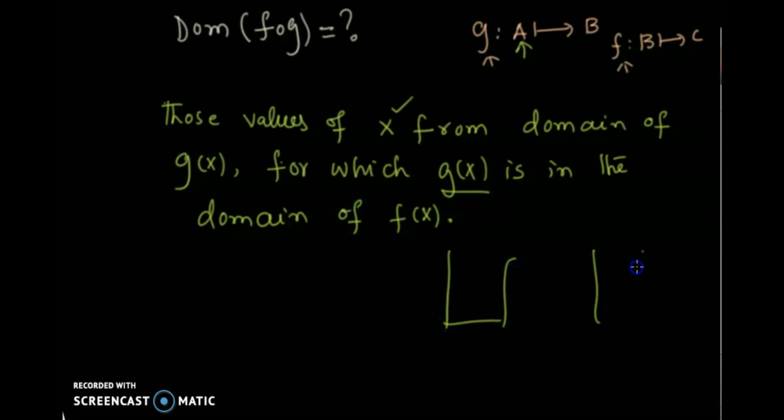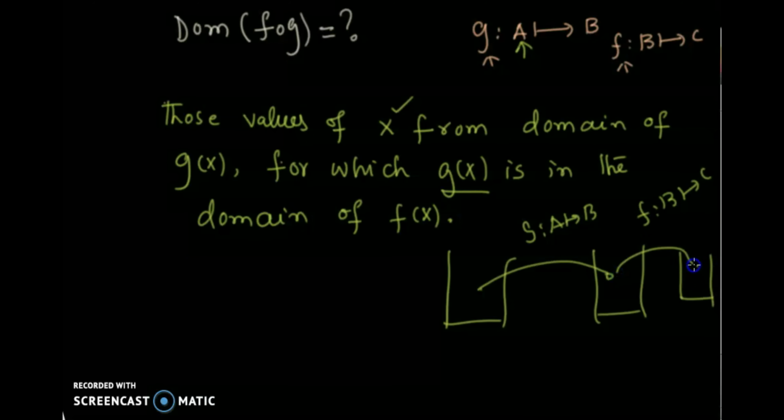So you can say that, so let's say this is a function g which is defined from this set a to b, and let's say you have an f which is defined from b to c this way.